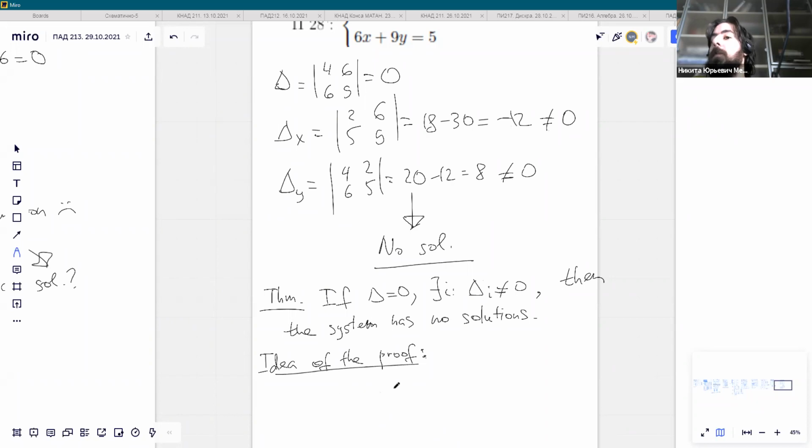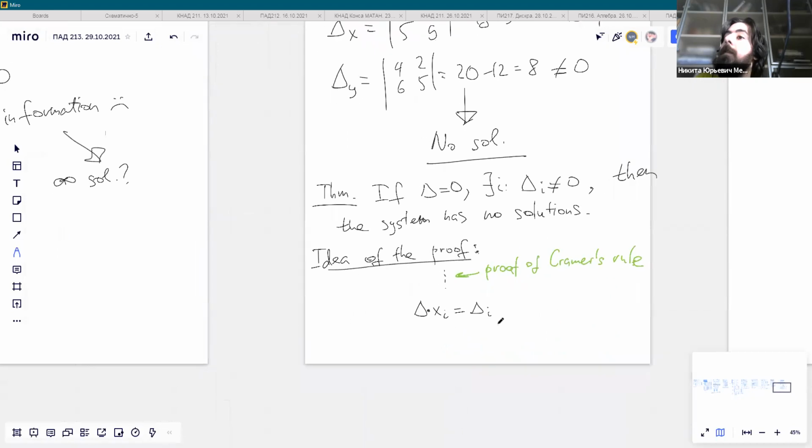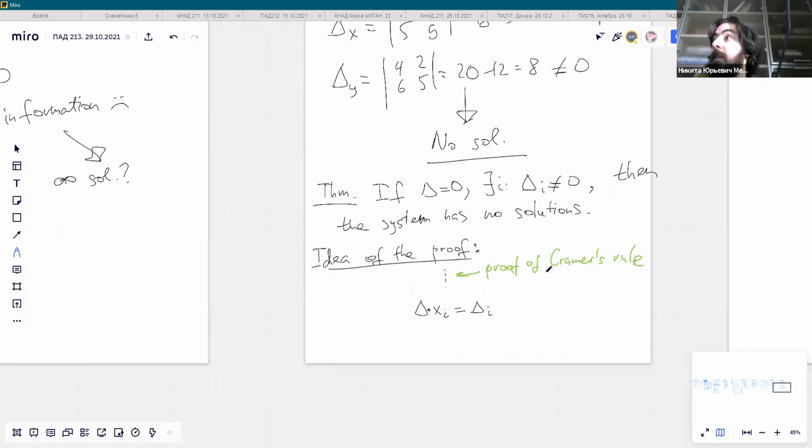So you take the proof and at some point, you will obtain the following formula. Delta multiplied by x_i equals delta_i. And in the proof of Cramer's rule, the next step is that you divide by delta.